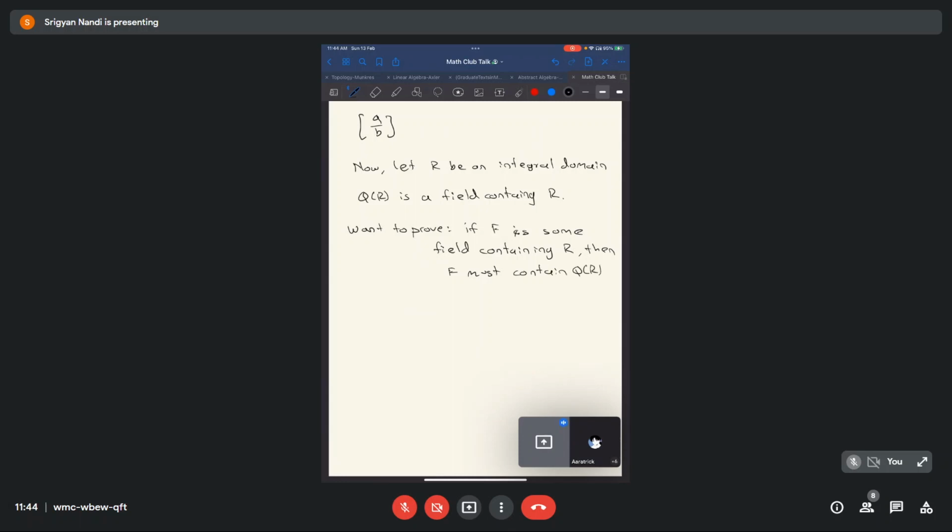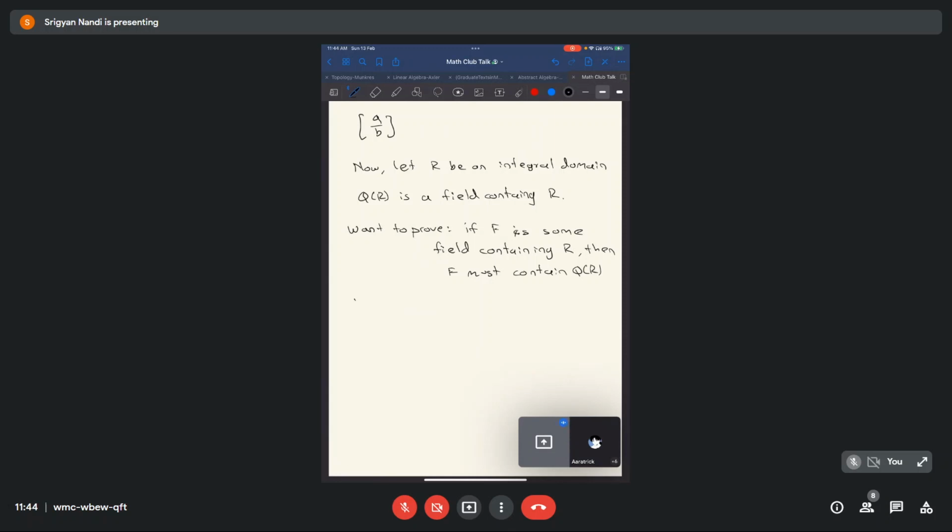So this is what we basically want to prove, that this states the minimality of Q(R). So it states that Q(R) is a field that contains R, and if F is any other field that contains R, then F must contain Q(R). So Q(R) is not bigger than any other field that contains R, basically. So how do we go about proving this?